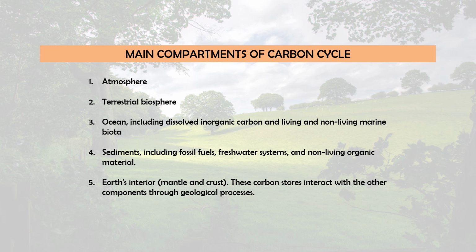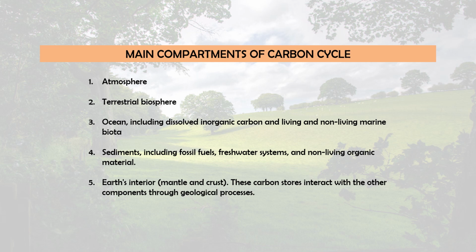Of the carbon stored in the geosphere, about 80% is limestone and its derivatives, which form from the sedimentation of calcium carbonate stored in the shells of marine organisms. The remaining 20% is stored as kerogens formed through the sedimentation and burial of terrestrial organisms under high heat and pressure.